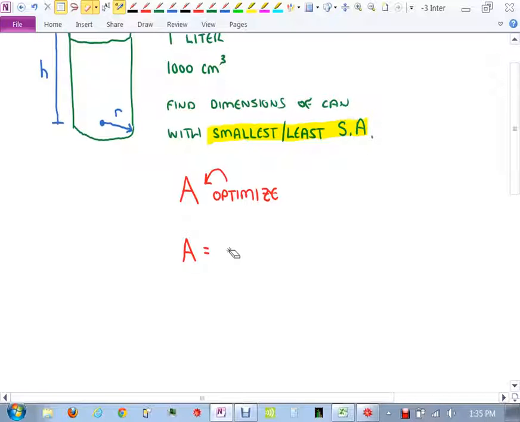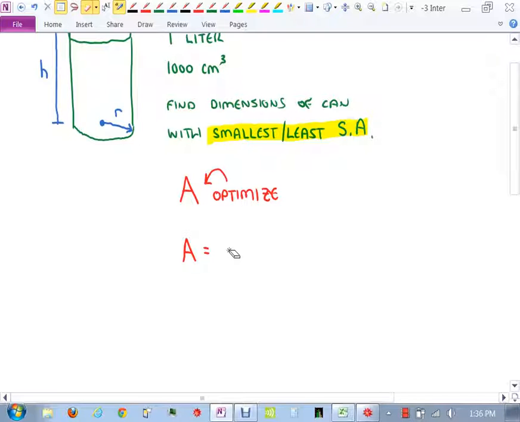What's the area of the top of the can? It's the area of a circle. What's the area of a circle? Pi r squared. That's a circle right there. So that's pi r squared on top. What's the area of the bottom? Pi r squared. Now, take your scissors and cut this can open.